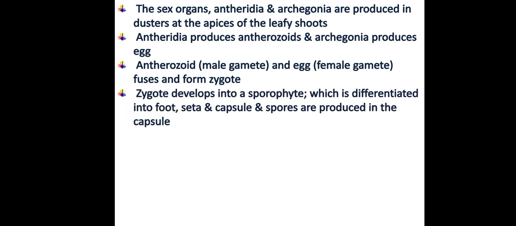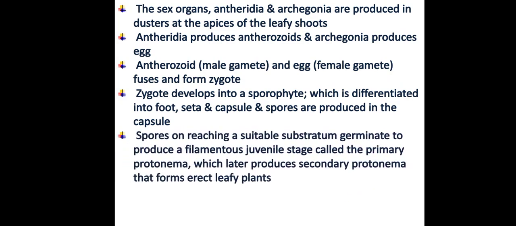Zygote develops into the sporophyte, which is differentiated into foot, seta, and capsule, and spores are produced in the capsule. Spores, on reaching a suitable substratum, germinate to produce a filamentous juvenile stage called the primary protonema, which later produces secondary protonema that forms erect leafy plants.